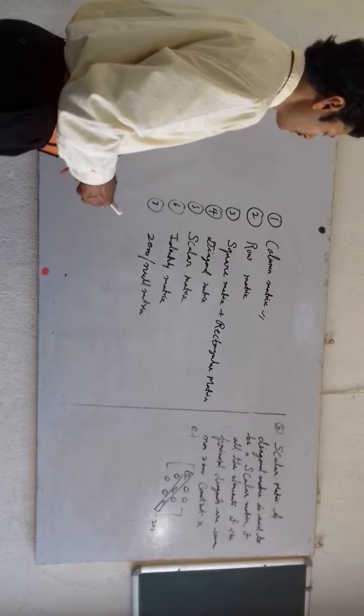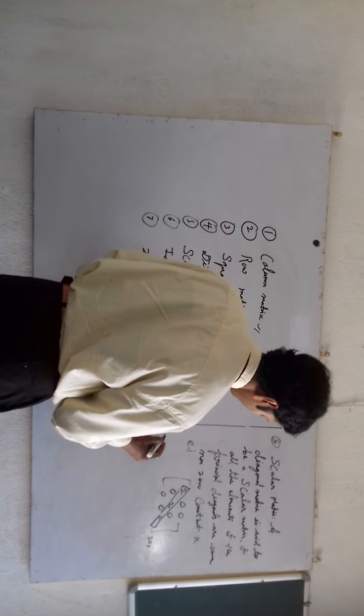Now the next matrix is called the identity matrix.